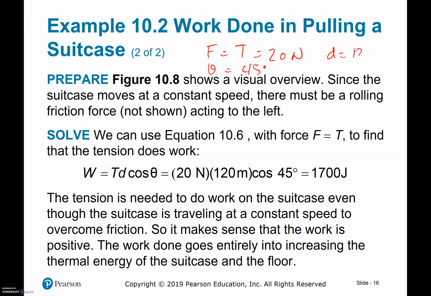And D is 120 meters. So we can put everything together. We have the force cosine theta, so that's F parallel, and then we have D, so 20 times 120 times cosine of 45 degrees, and that gives you 1700 joules. So that's the energy that is being transferred to the suitcase. That's the work done by that tension. That tension has transferred 1700 joules of energy to the suitcase.